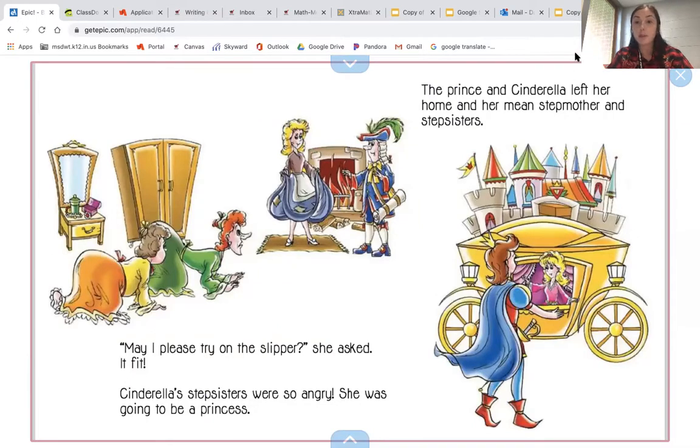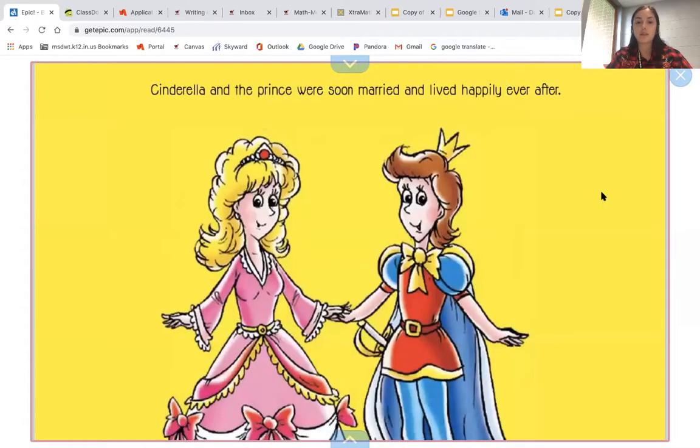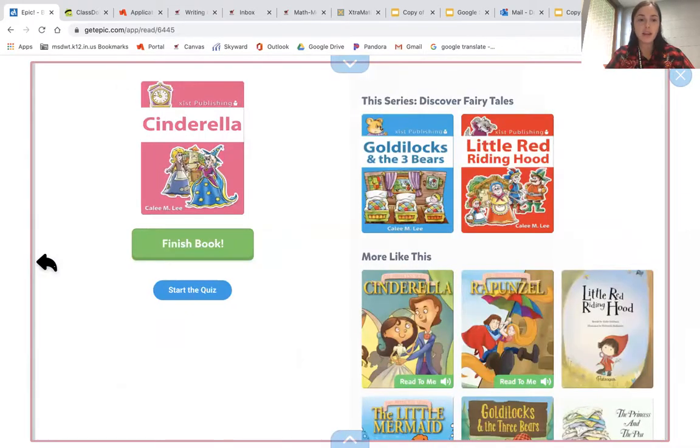She was going to be a princess. The prince and Cinderella left her home and the mean stepmother and stepsisters. Cinderella and the prince were soon married and lived happily ever after. So that happily ever after is a big part of fairy tales. The end.